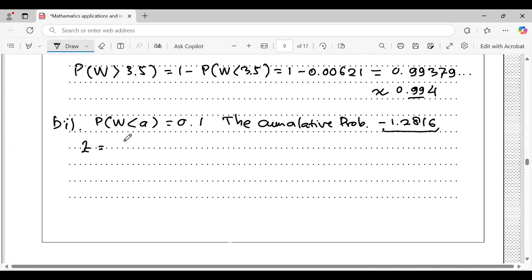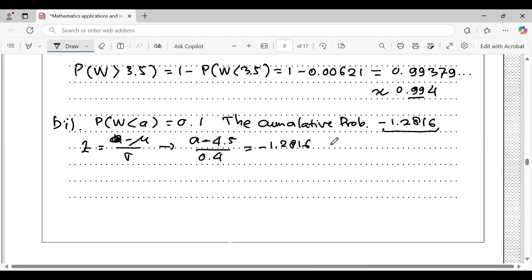Next, Z equals A minus mu over the standard deviation. So A minus 4.5 divided by 0.4 equals the Z table value, minus 1.2816.